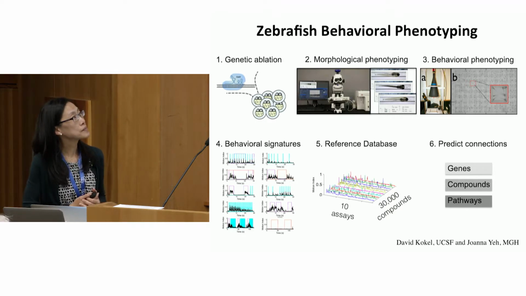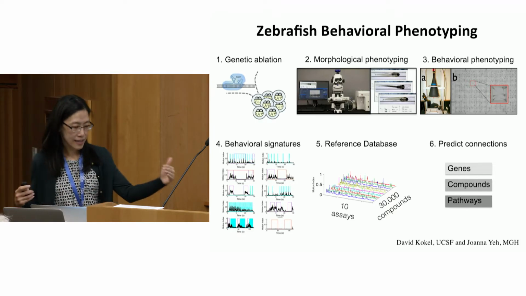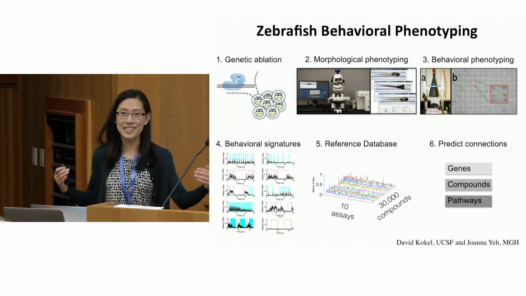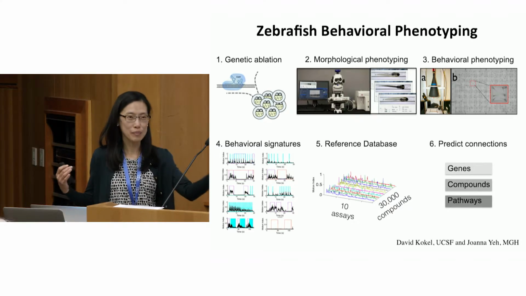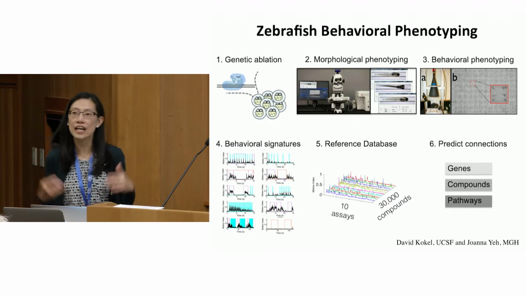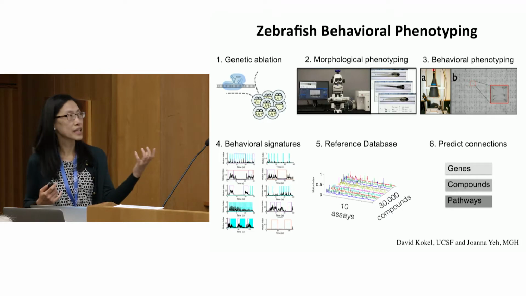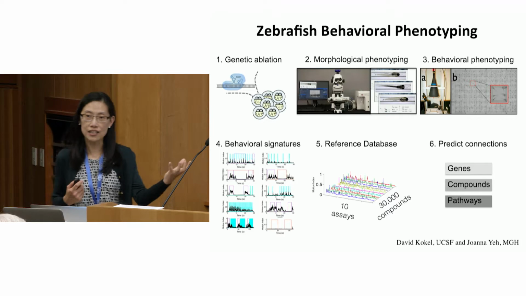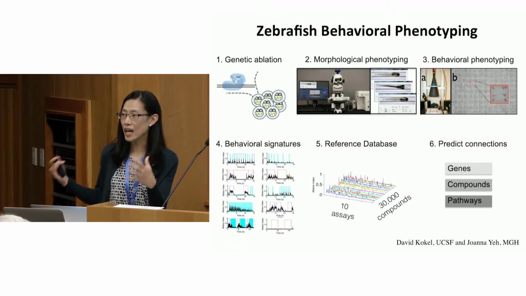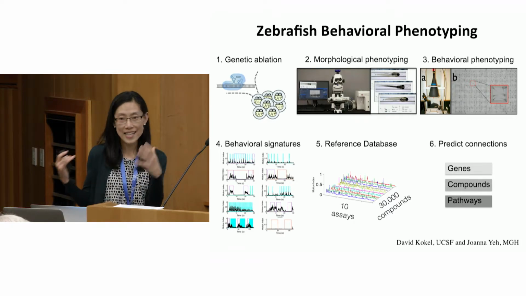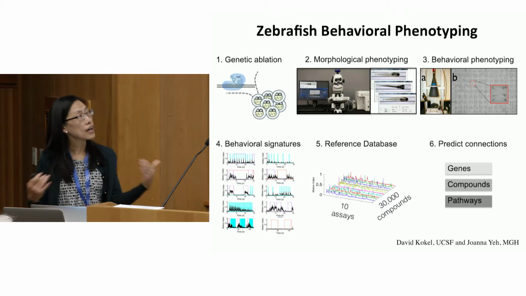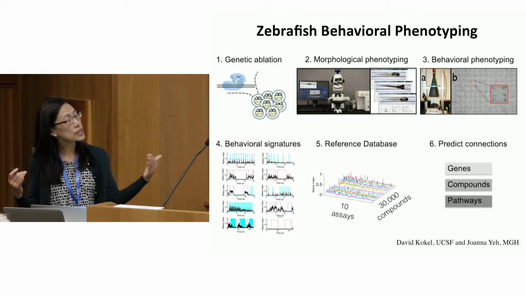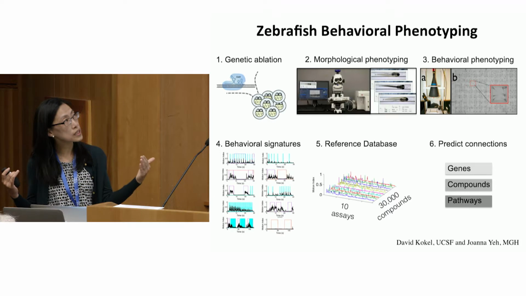So I think the strength of zebrafish is this high throughput phenotyping platform. If we can combine this rapid and very efficient CRISPR knockout technology with any type of high throughput assay in the zebrafish, then you will be able to do a rapid functional genomic screen.